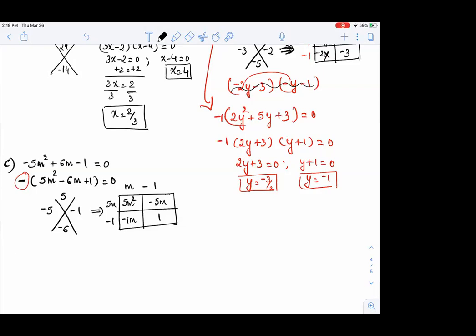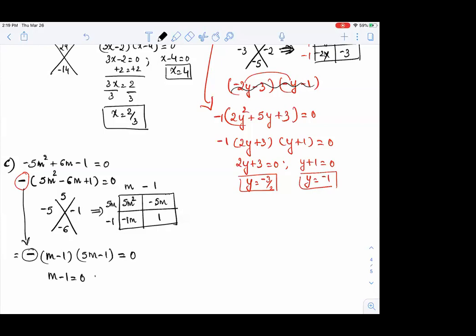Now, the factors are, remember, there is a negative sign, bring back the negative sign, m minus 1 and 5m minus 1. Right-hand side is 0. This negative just vanishes because you're taking that to 0 and it's just gone.